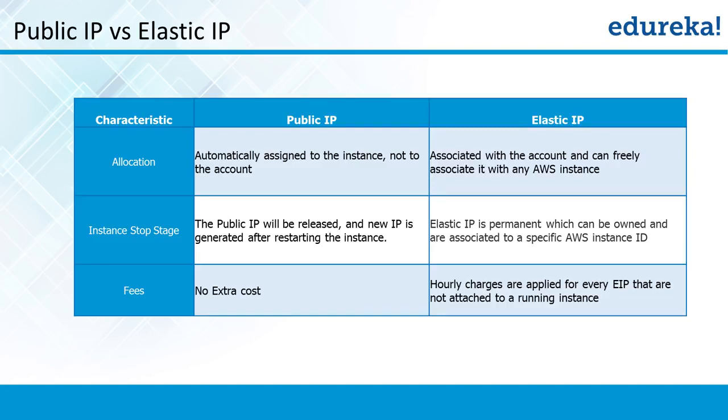If you were to stop your EC2 instance, or of course if you were to terminate it as well, the public IP address is released right back to the IP address pool that AWS has. And if you start the instance after some time, then that old public IP address may no longer be available.